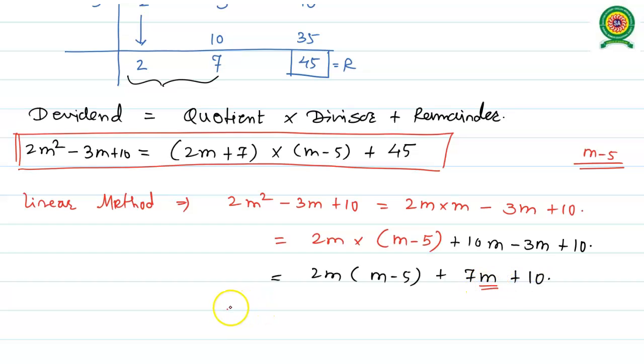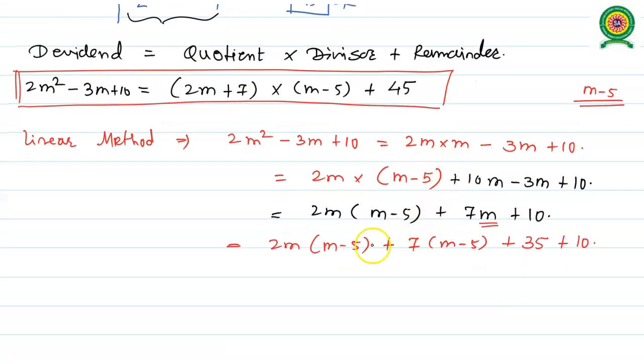Again for this m, adjusting m − 5, we get 2m into (m − 5) plus 7 times (m − 5). Distributing the 7 gives 7m − 35, so to cancel the −35, we have to add 35. After simplifying, we get our dividend 2m² − 3m + 10 using the adjustment of m − 5.